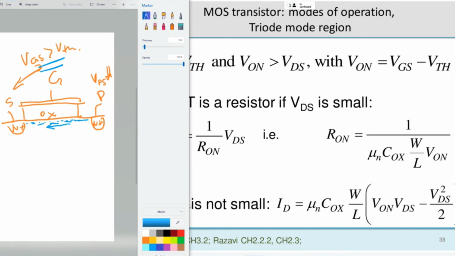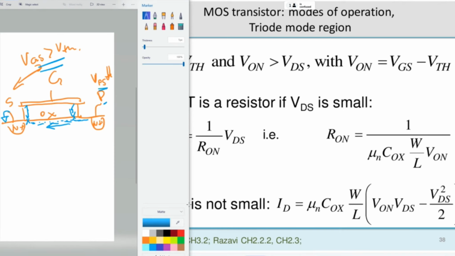Current can flow. And because the voltage at the drain side is low, for example ground, and this is a low voltage, I can assume that this voltage here is approximately the same as this voltage here. So say that these potentials are approximately equal because the drain-source voltage is small.